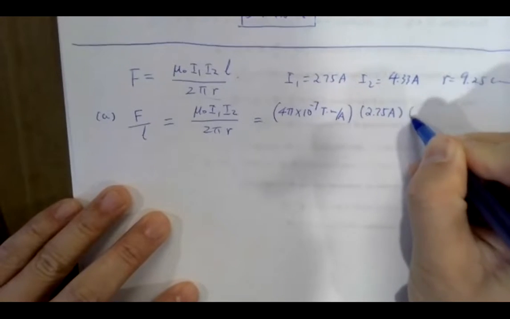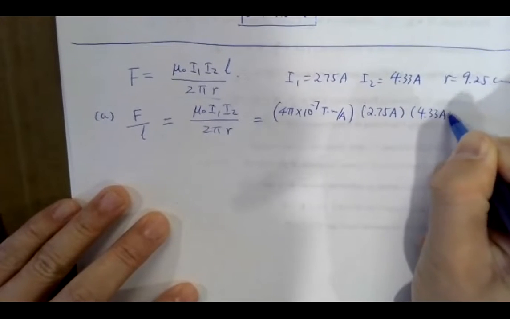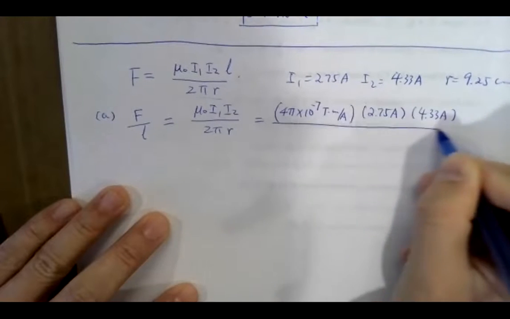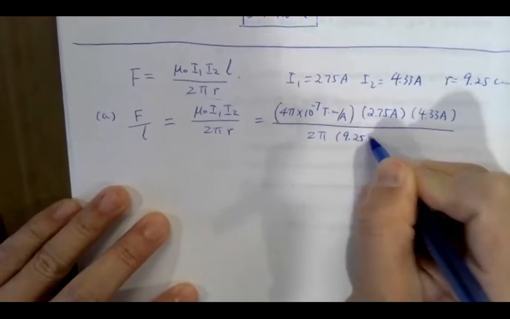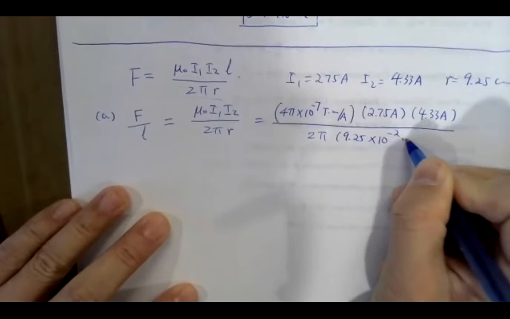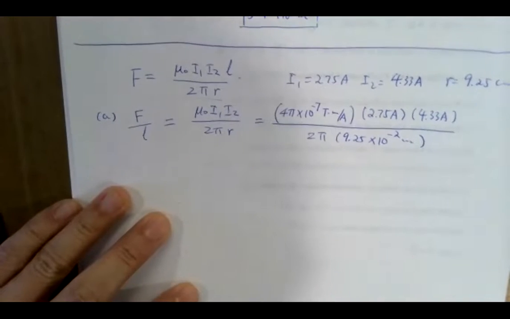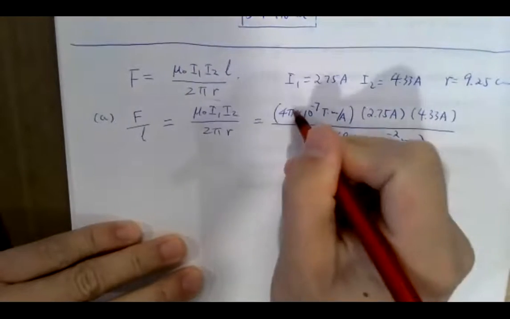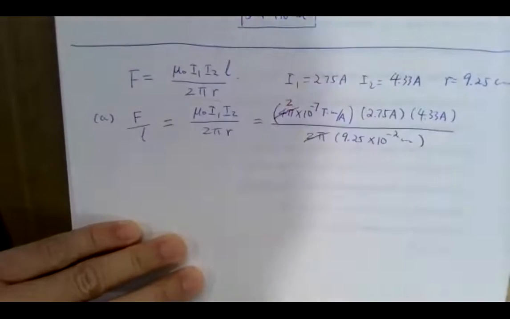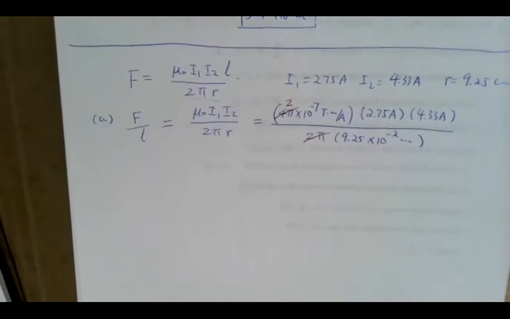Then 2.75, 4.33, divided by 2 pi times 9.25. That's in centimeters, so you want to use SI units there. Your 4 pi and 2 pi will cancel, 4 pi by 2 pi gives 2 on top there.